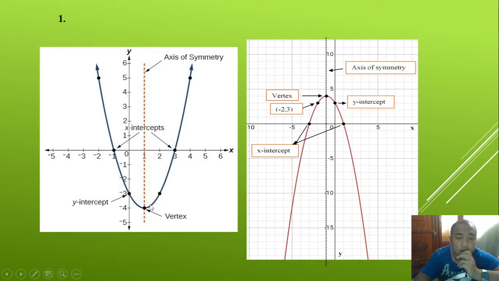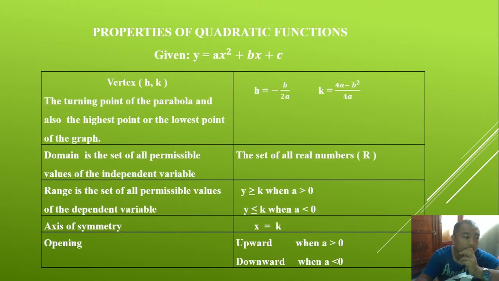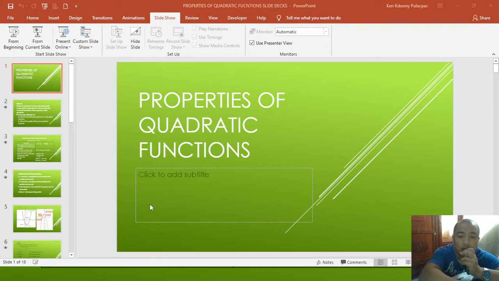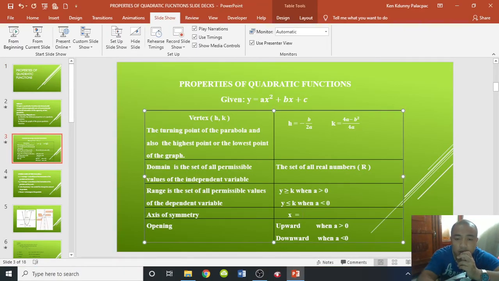x is equal to h. It should be x equal to h, not k. There is a correction here. The axis of symmetry of a parabola should be x equal to h, not x equal to k.